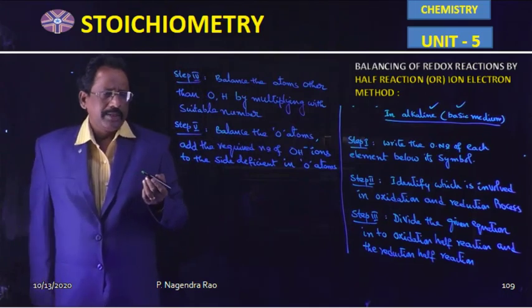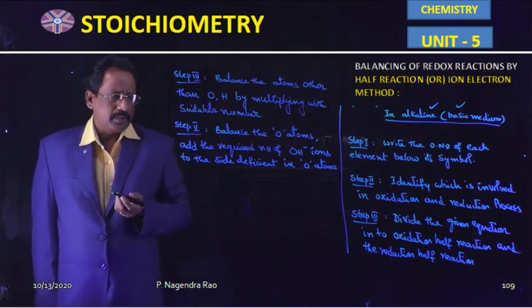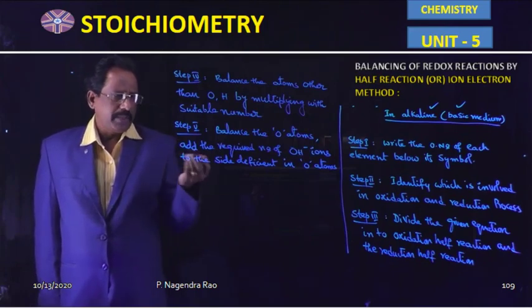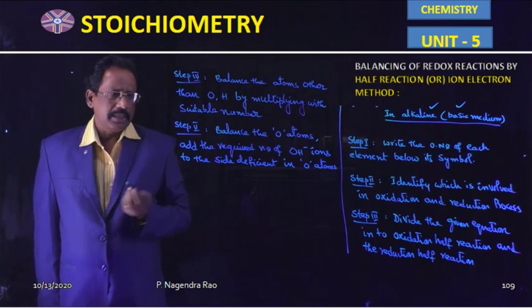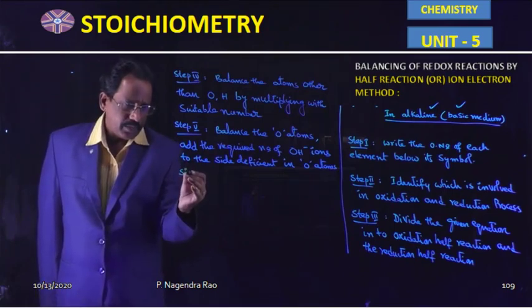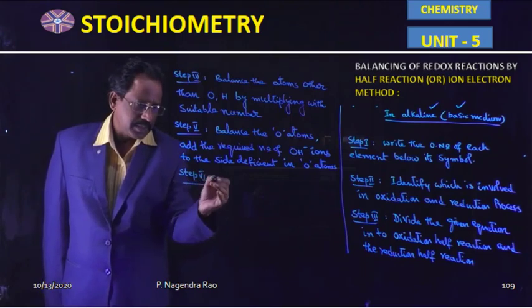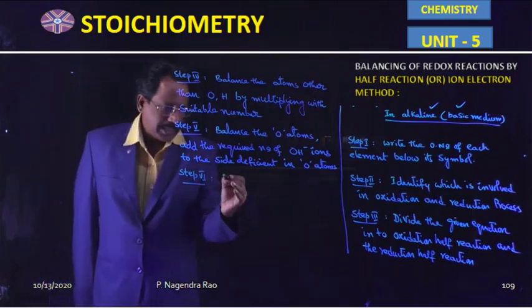That's why to balance the oxygen atoms, add the required number of OH minus ions to the side deficient in oxygen atoms.